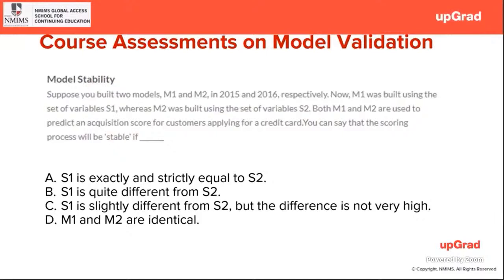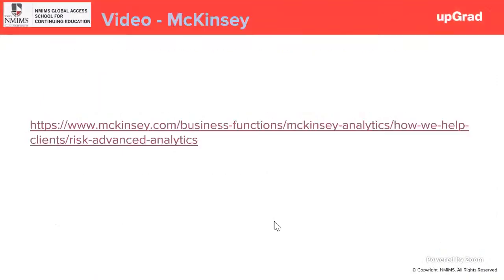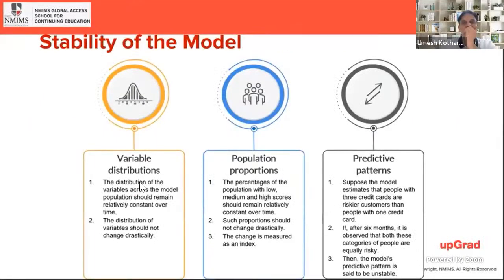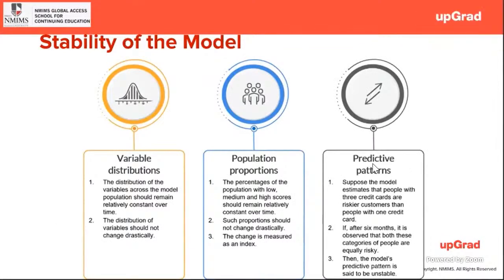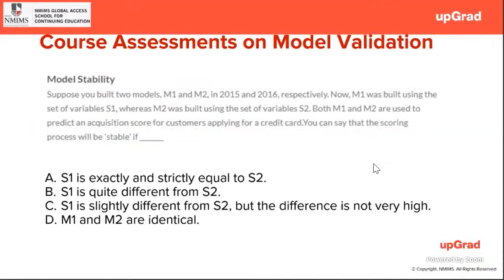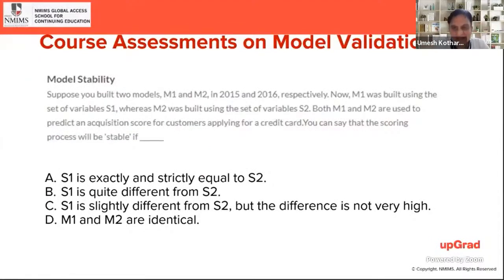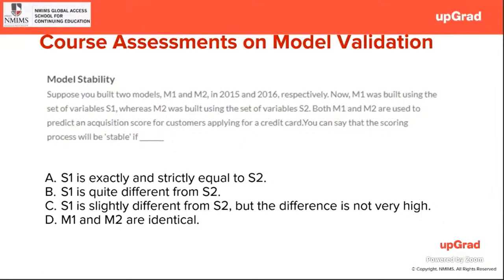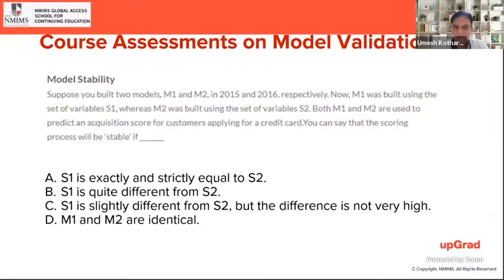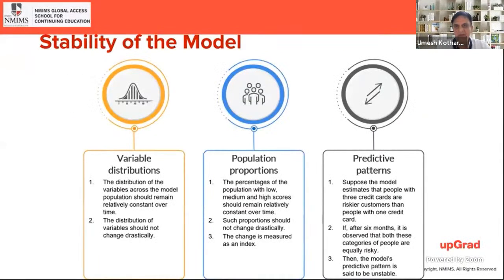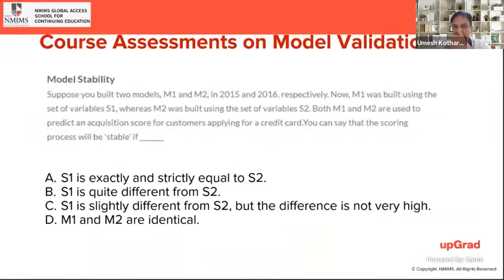So the sets of variables S1 and S2, two different sets of variables used for two different models M1 and M2, in the end the result should be similar. Okay. And that similarity is what? Predicting whether there's a fraud or no fraud, right? Yes. Okay. And extrapolating the data to whatever set that you've picked these variables from. Right. So population proportion, predictive patterns, and obviously the variable distributions that you've done.